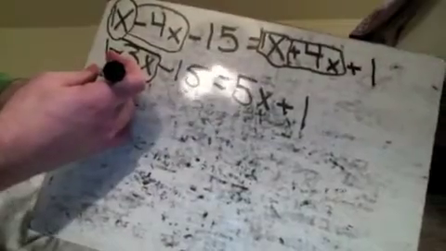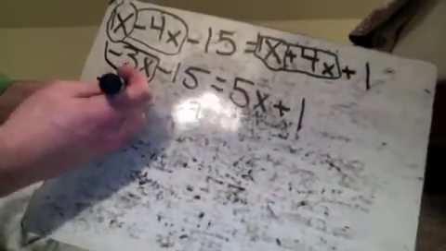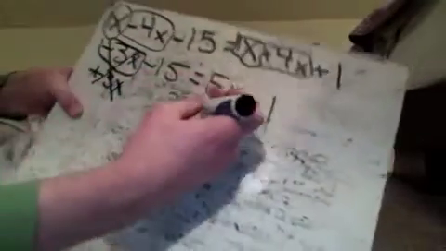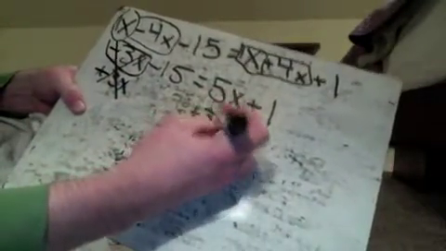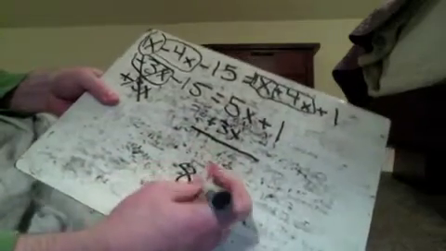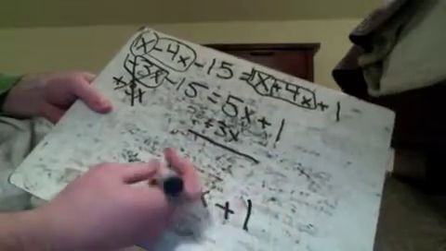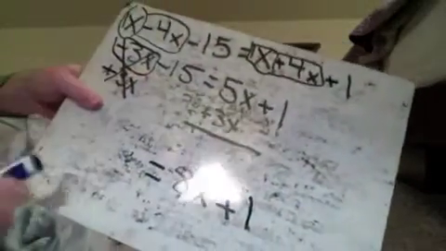So the opposite of minus 3x is plus 3x. So I can cancel that out. And we'll do plus 3x on this side. That's going to give me 8x. Okay? And then I still have my plus 1 here, and then my equal sign. And on the other side, I still have minus 15.